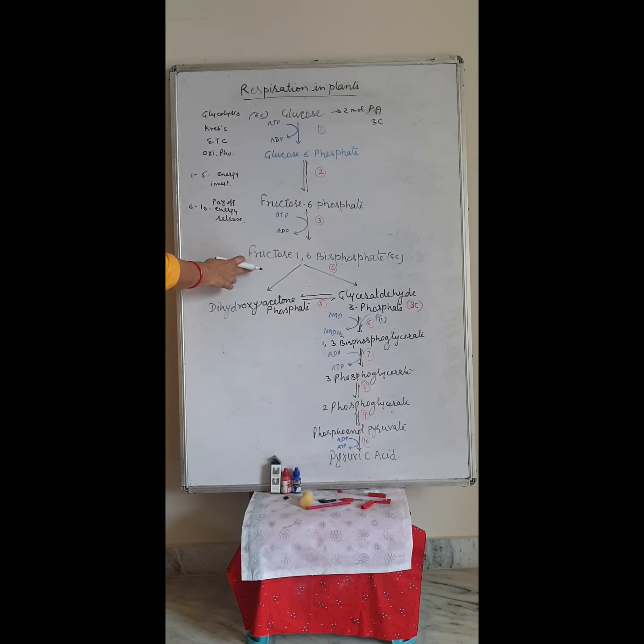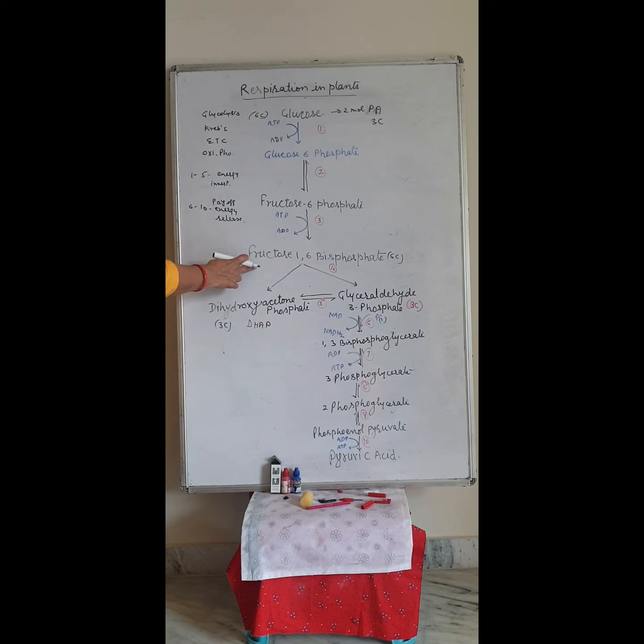Now the fructose 1,6-bisphosphate is split or broken down into 2 compounds. These compounds are dihydroxyacetone phosphate, which we also call DHAP, and glyceraldehyde 3-phosphate, or 3-phosphoglyceric acid. Both compounds are 3 carbon.